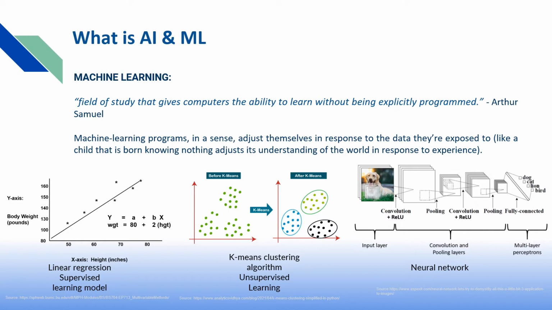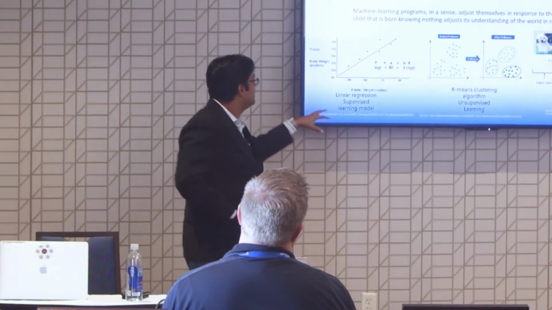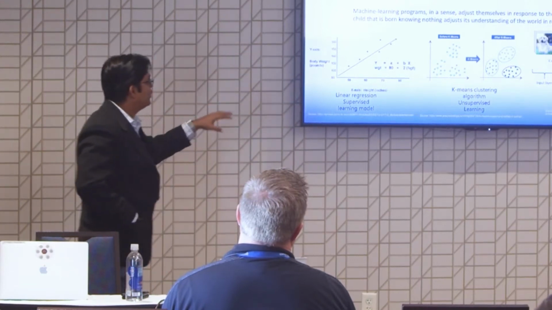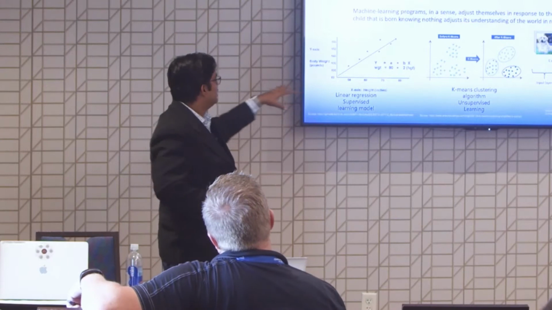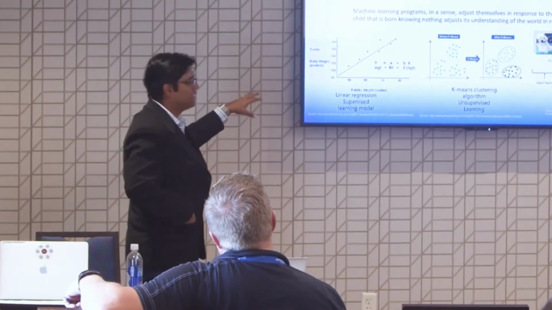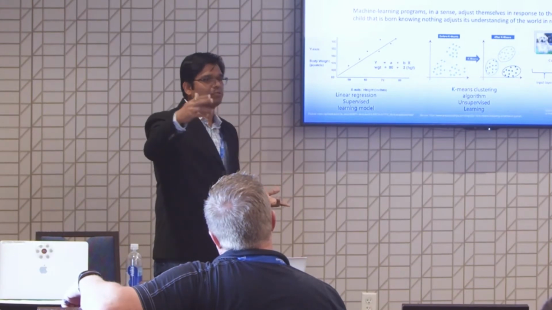There are different models, different machine learnings that have been followed. For example, you have linear regression, supervised. We're going to talk about those in a little more detail with some examples. The linear regression supervised learning model is like an equation, right? Y equals x plus 1.